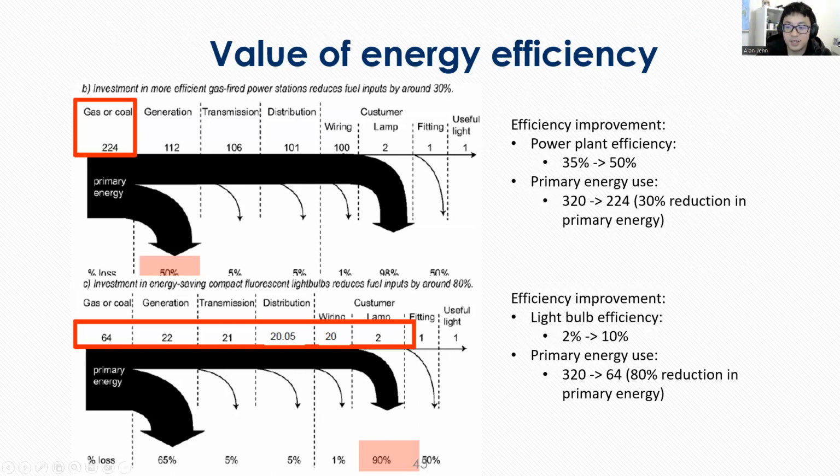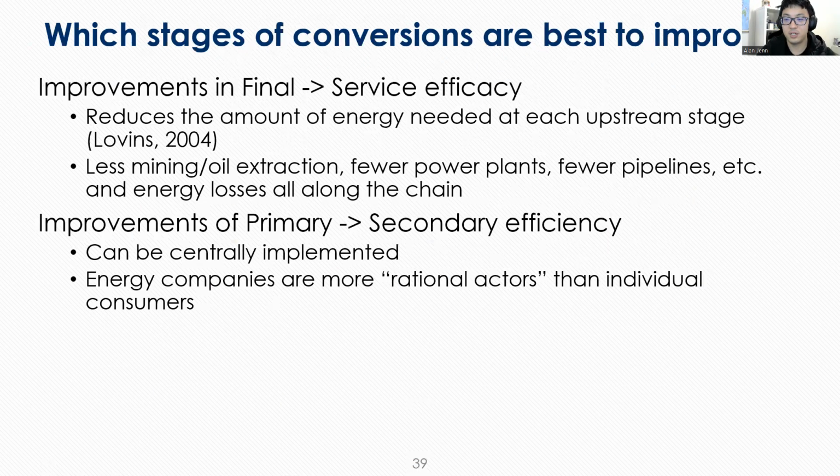But again, going back to the slide from earlier, this does seem better in reducing the energy needed in your upstream stage, but again, implementation might be a lot easier for something like a power plant improvement.